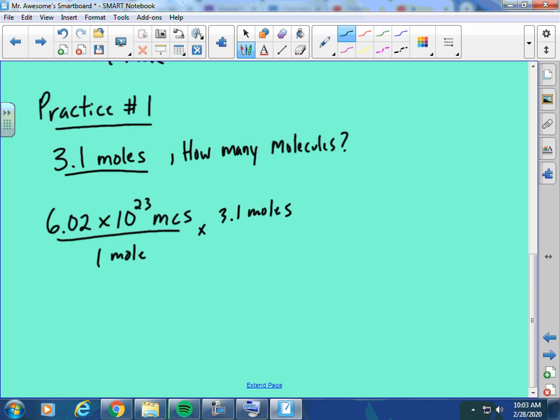So if I take 6.02 and I multiply by 3.1, I get 18.662, which I'll round off to 18.7. And then times 10 to the 23rd molecules. And if I wanted to change that to the real deal scientific notation, it would be 1.87 times 10 to the 24th.